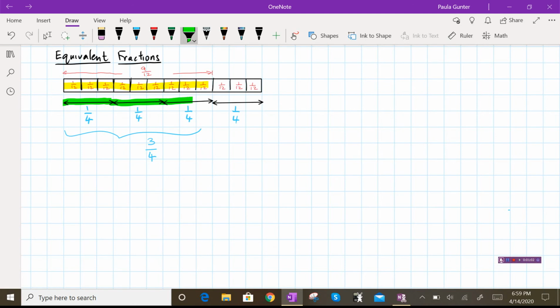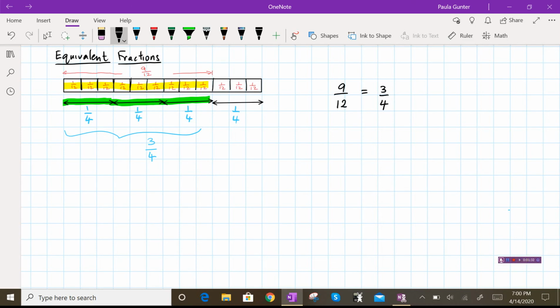And if I were to match the same number of parts in the boxes, the yellow and green, we would see that this is 3/4. So in other words, it's the same value or the same region. Although the fractions look different, I can say that 9/12 is equivalent to 3/4.